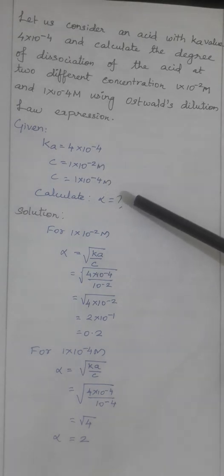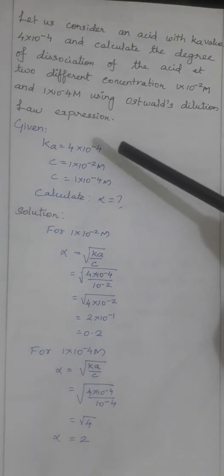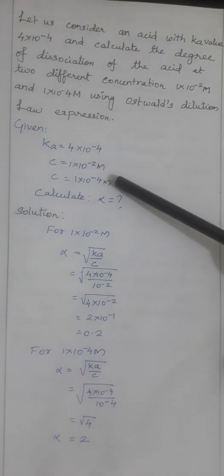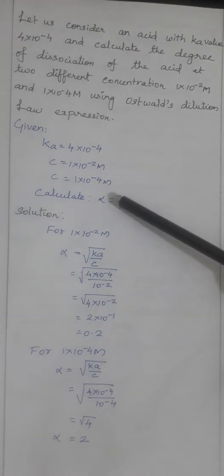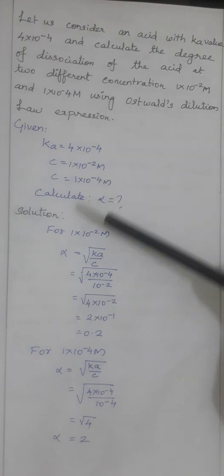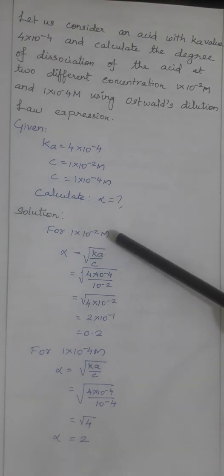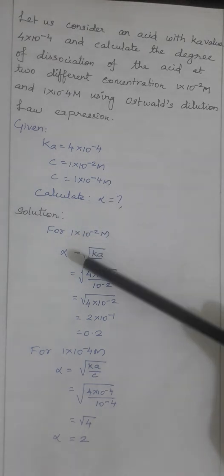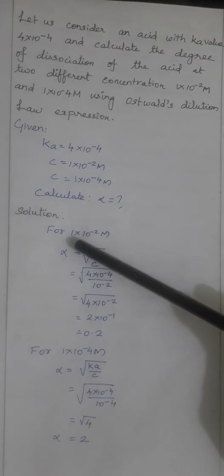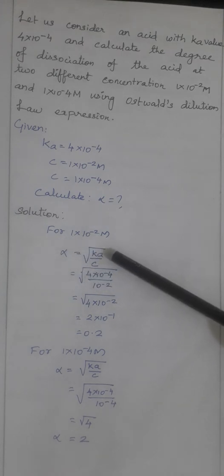Alpha is equal to what? Ka value is given and two different concentrations are given, so how to calculate the alpha value? For the first concentration, 1 into 10 power minus 2 molar, what is the formula for degree of dissociation?